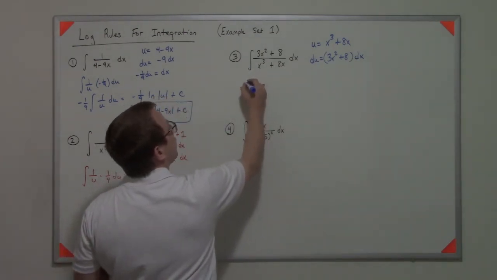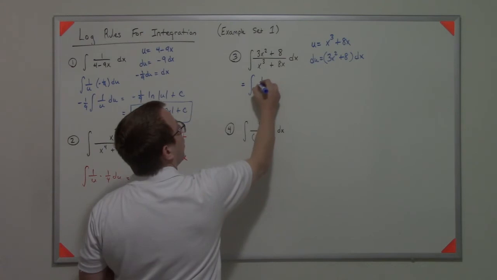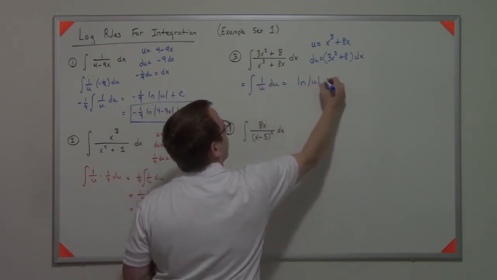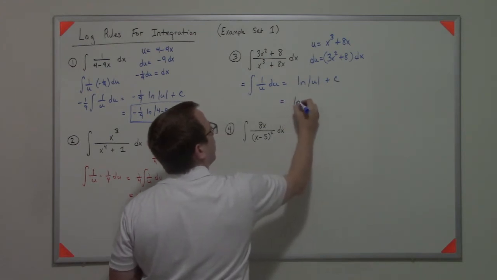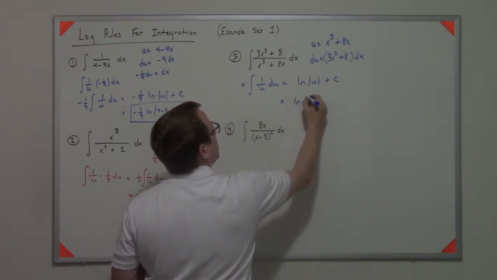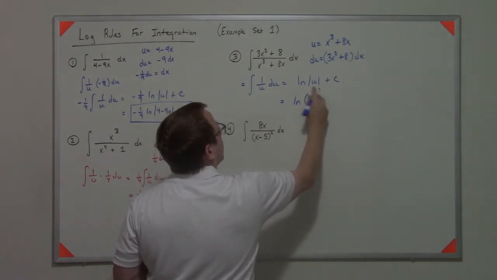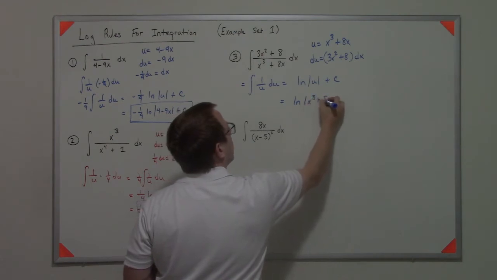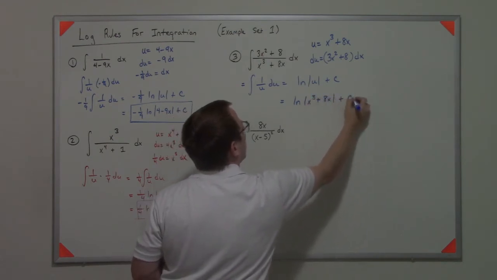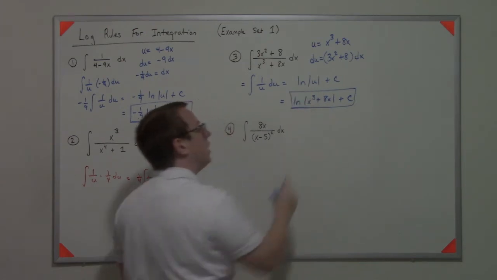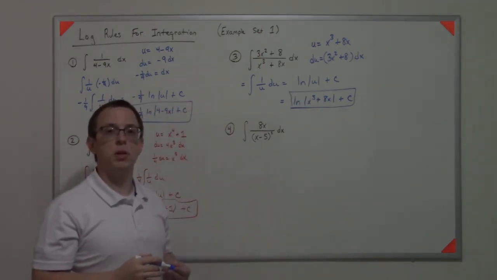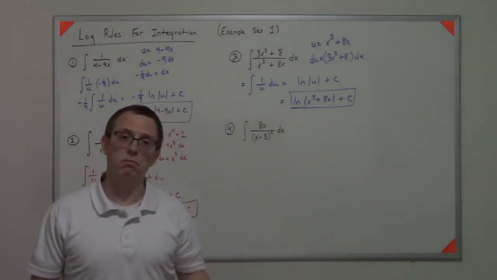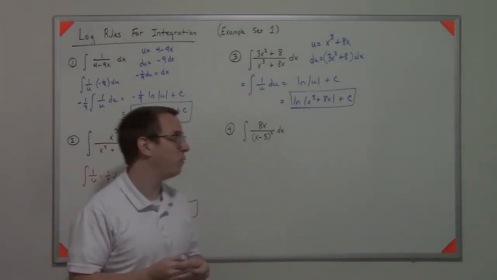That gets us 1 over u du, which is natural log of the absolute value of x cubed plus 8x plus c. So that was mind-numbingly easy. But hey, I'll take wins wherever you can get them, right?